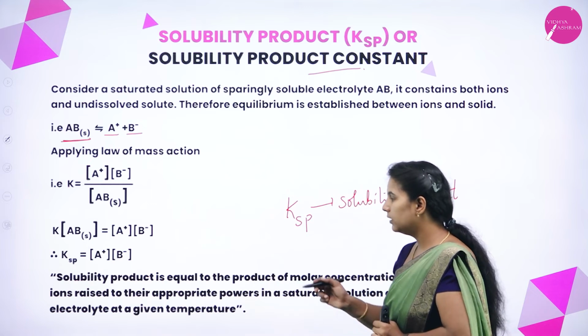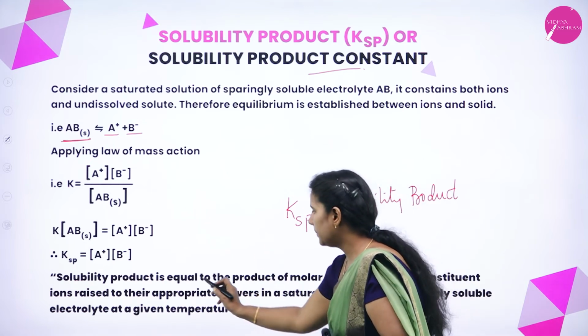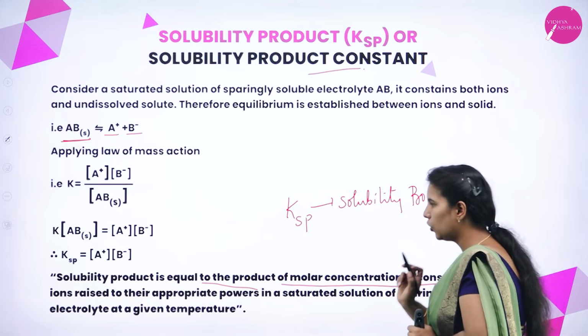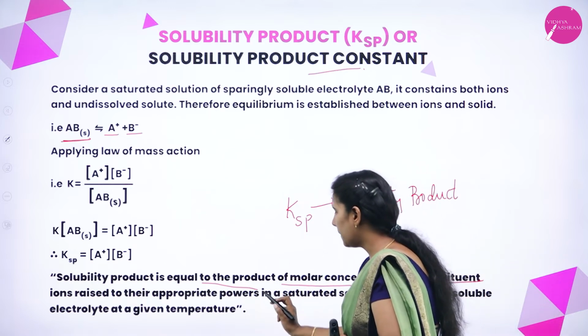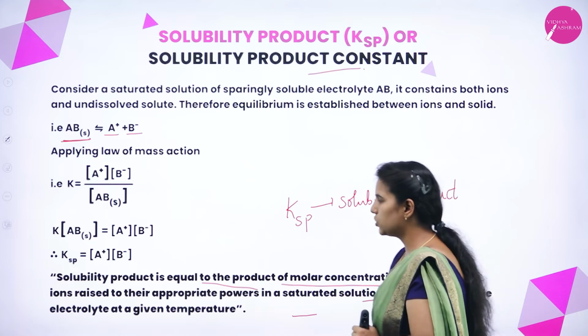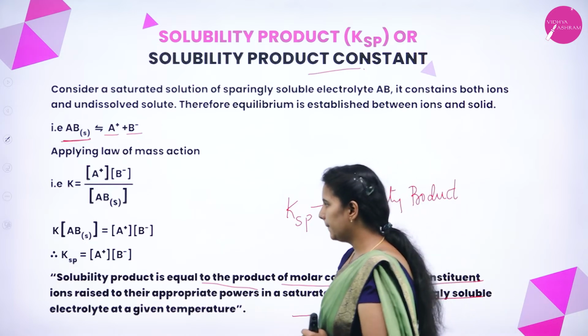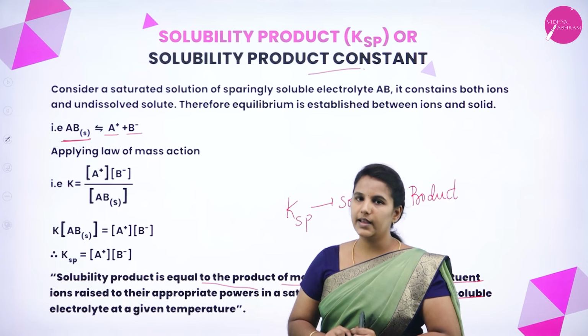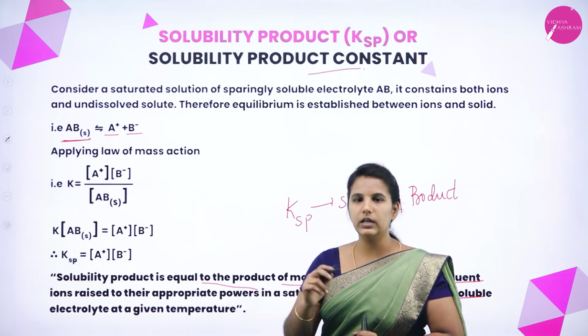So, how can we say the definition? The solubility product will be equal to the product of the molar concentrations of the constituent ions raised to their appropriate powers in a saturated solution of a sparingly soluble electrolyte at a given temperature. Here, there are no stoichiometric coefficients, hence I have indicated it with brackets.